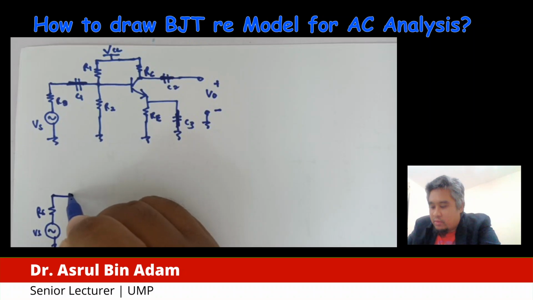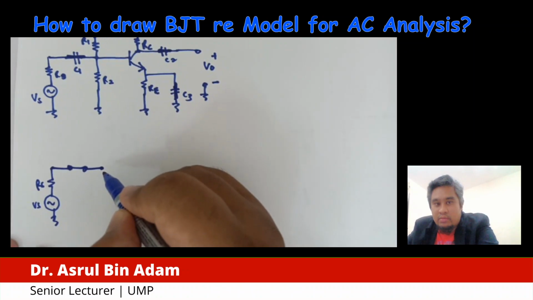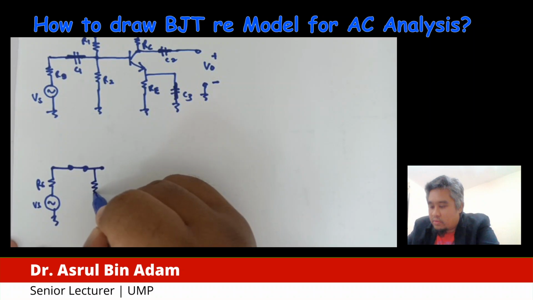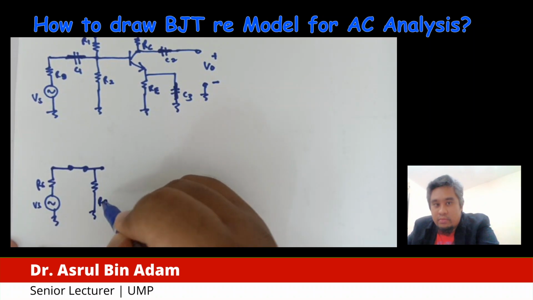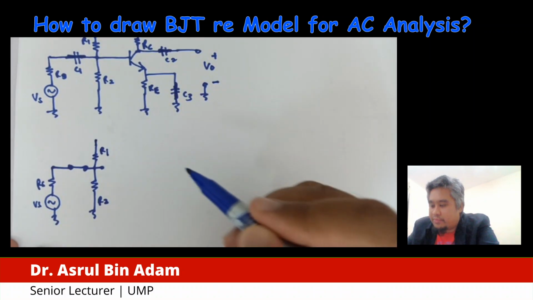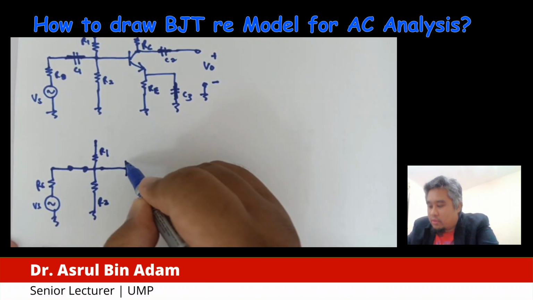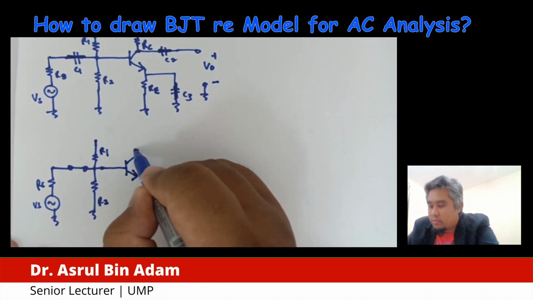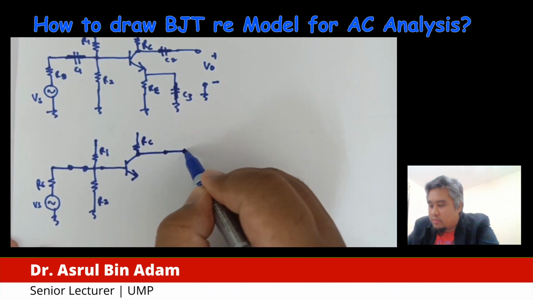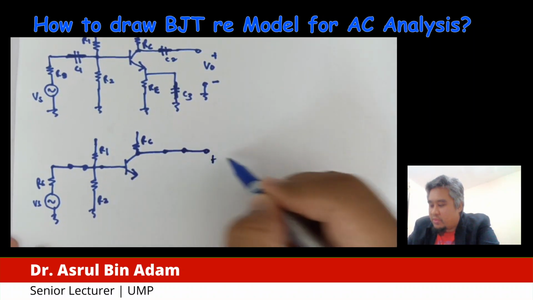For this short circuit of C1, we then have R2, then we have R1, and then continue with RC. So this is our C2 replaced with a short circuit. This is V out, positive terminal.